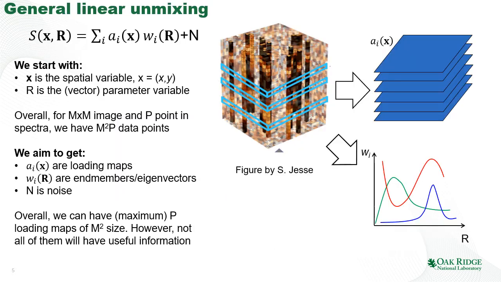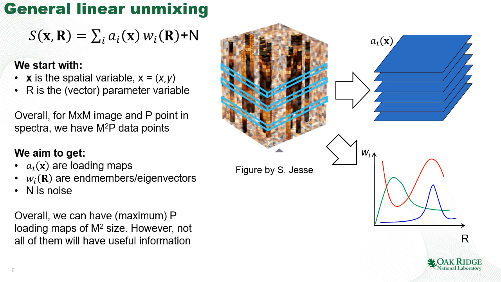So, we have the loading maps A_i, which depend only on the location, and the endmembers or eigenvectors, which depend only on the parameter variable. In other words, these would be the spatial maps of some behavior, and these would be the spectra defining this behavior. And of course, we are also going to have some component which is noise, which cannot necessarily fit in this decomposition.